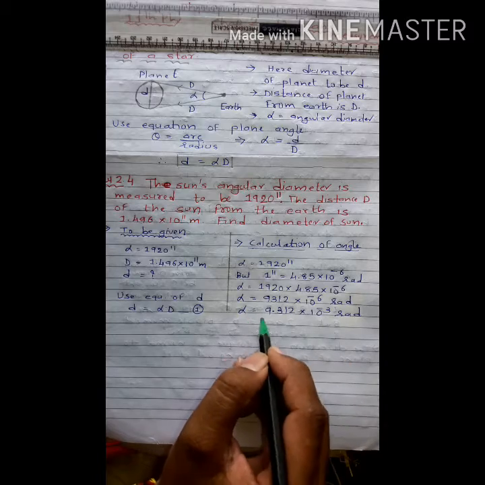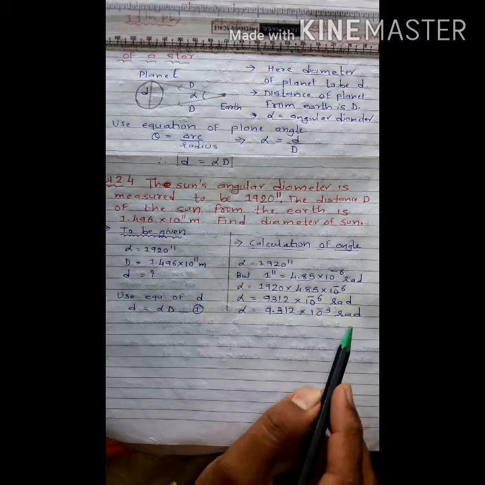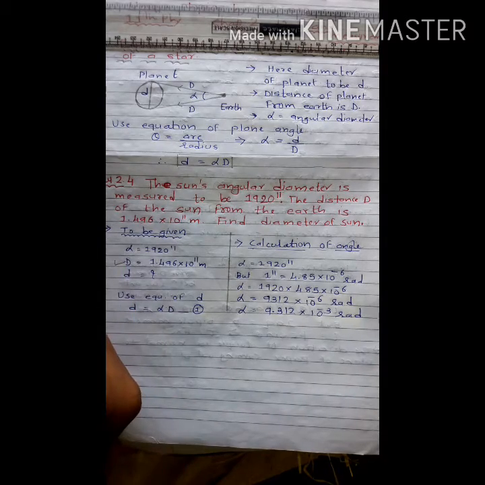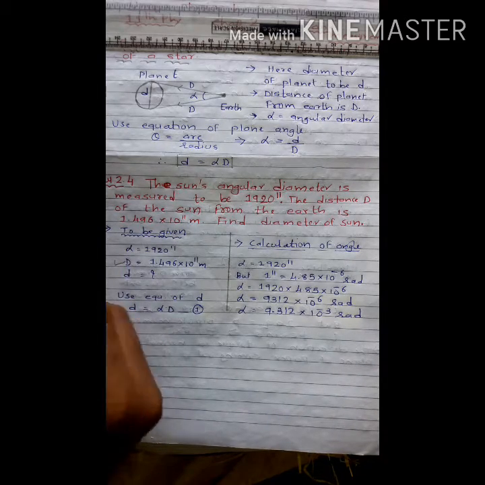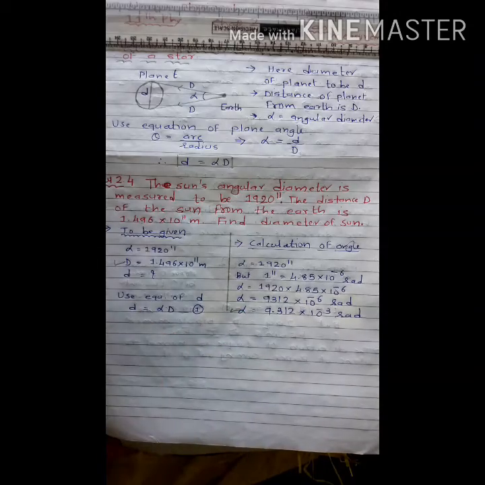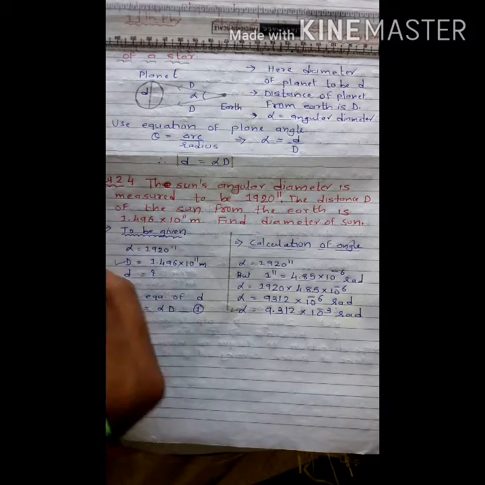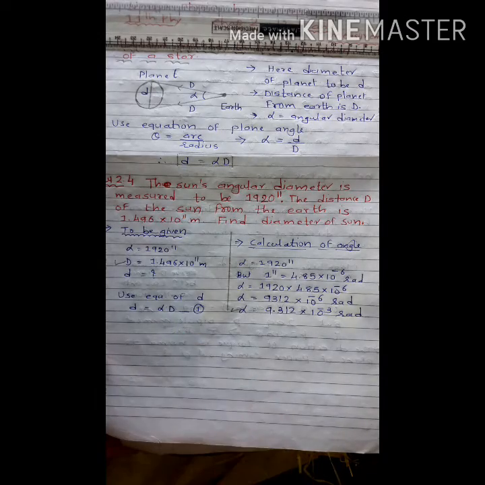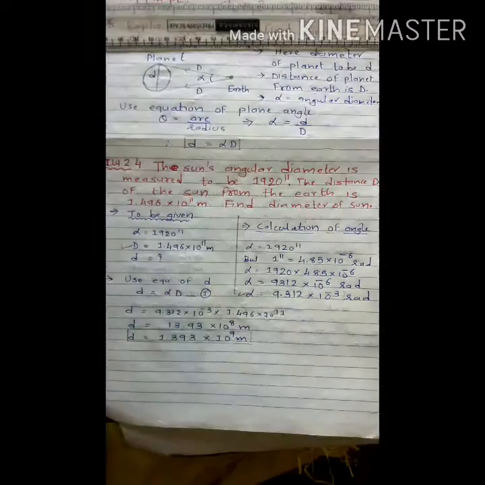This is our value of alpha in terms of radian. Now we have the value of capital D, the distance of the sun from Earth, and this is the value of alpha, the angular diameter. We will use these two in equation number 1 and then we find our answer.